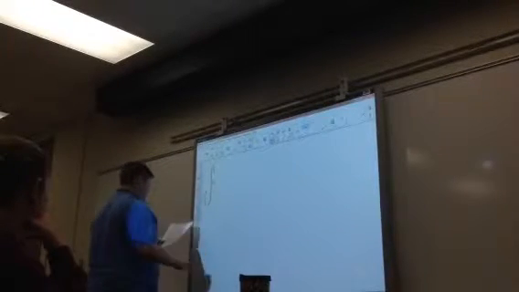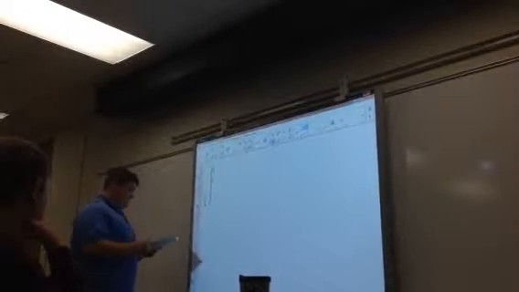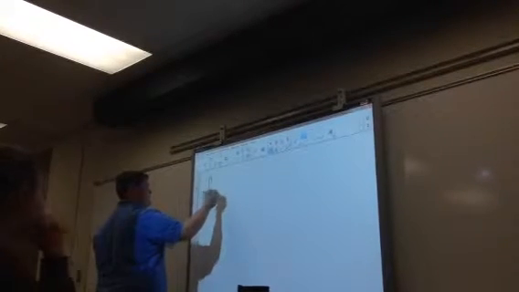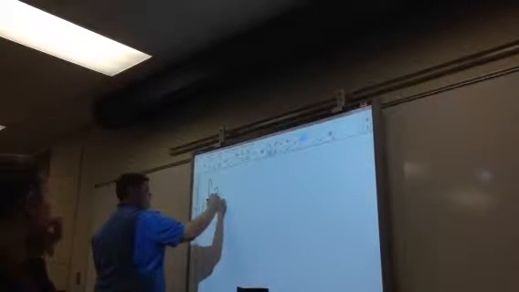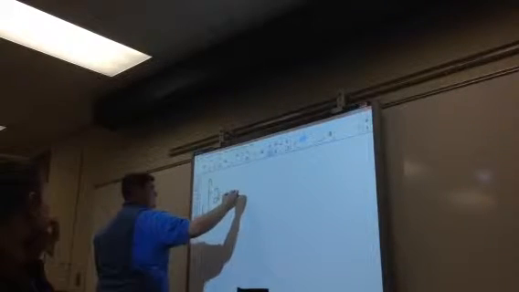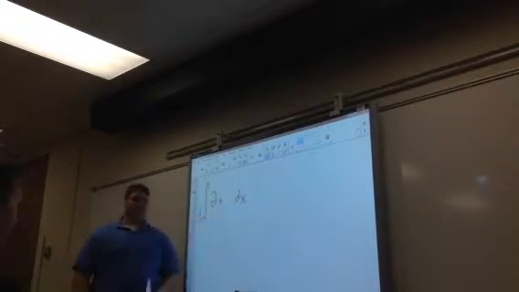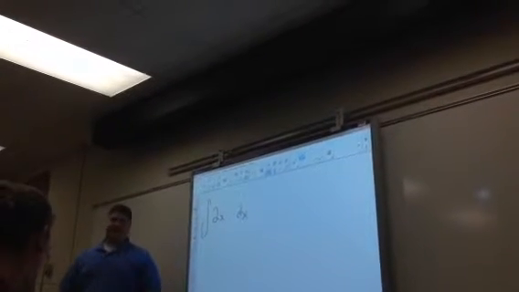So an example of a single integration problem would be something like this. Say you have some function 2x dx. Well, this dx is what determines what action the variable gets.